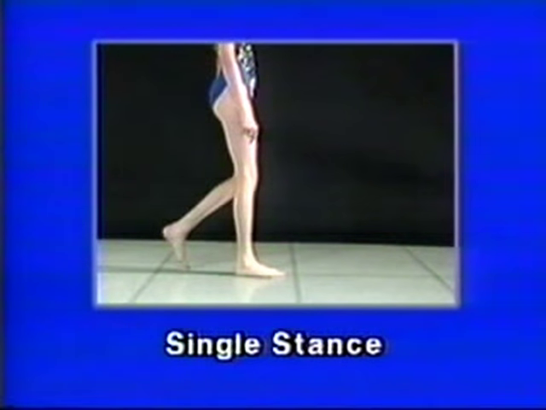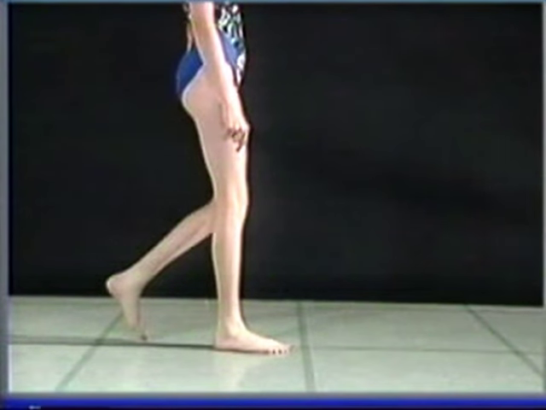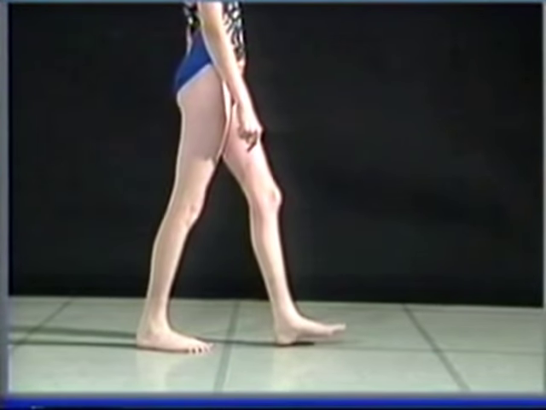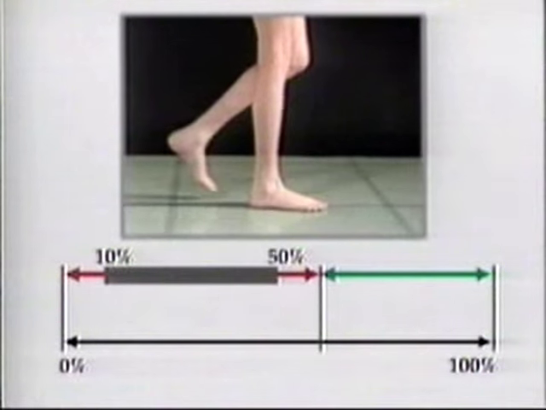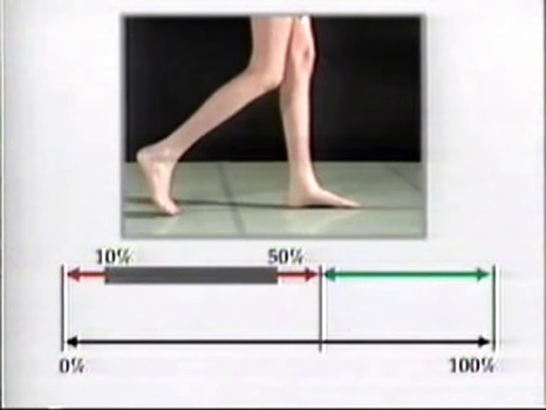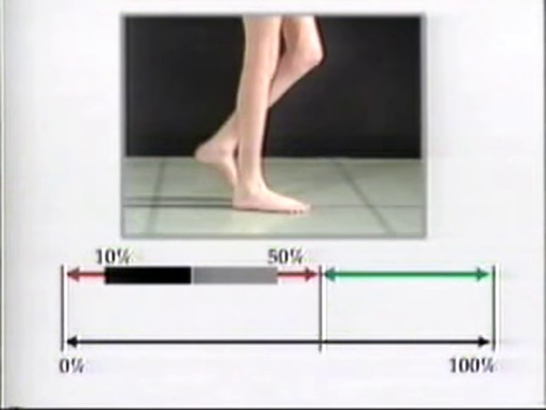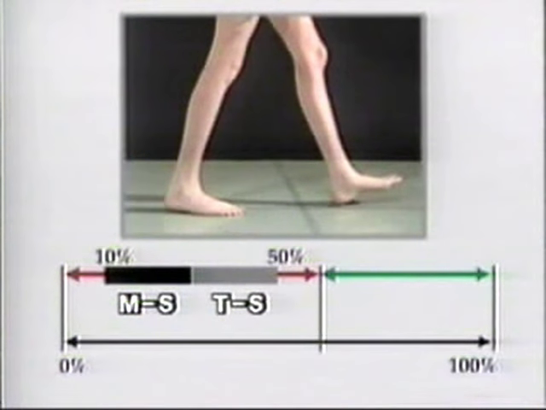This is followed by a period of single stance occupying about 40% of the cycle, during which the opposite limb is going through its swing phase. In walking, single support on the stance side must be equal to the period of swing of the opposite limb. The period of single stance can be subdivided into mid-stance and terminal stance.